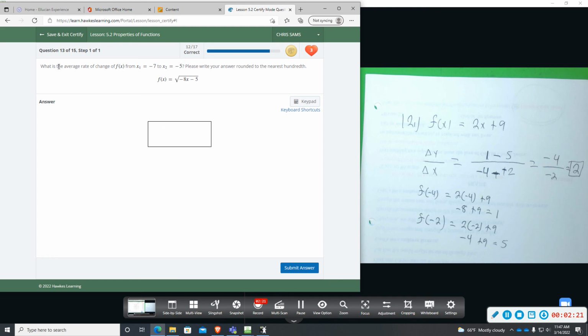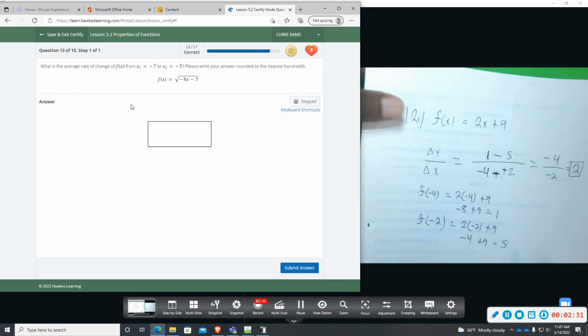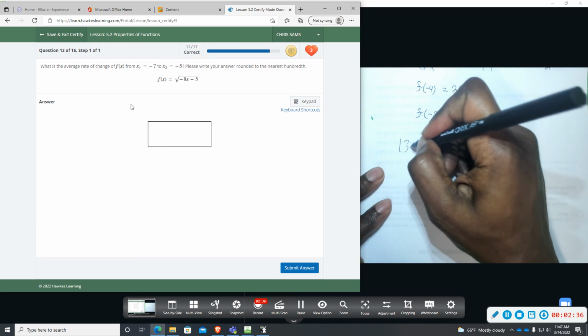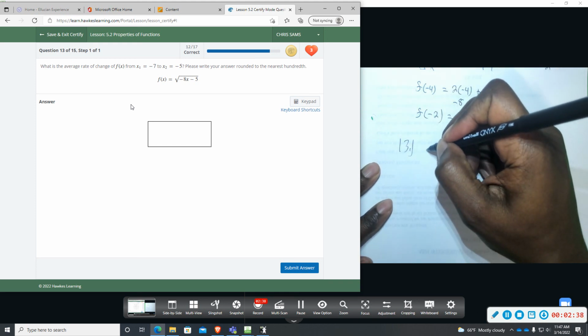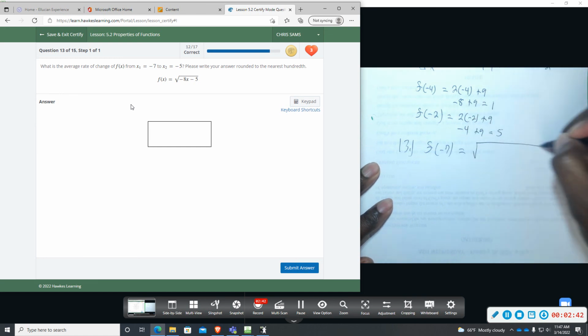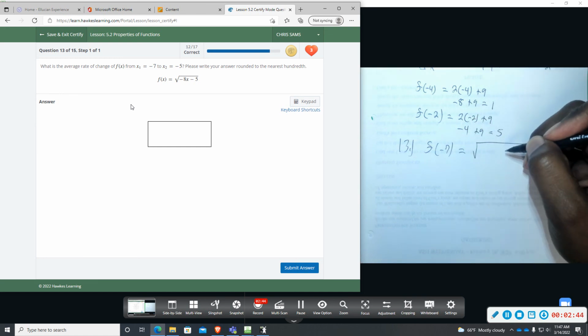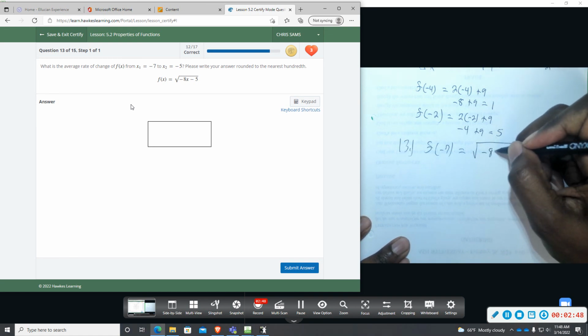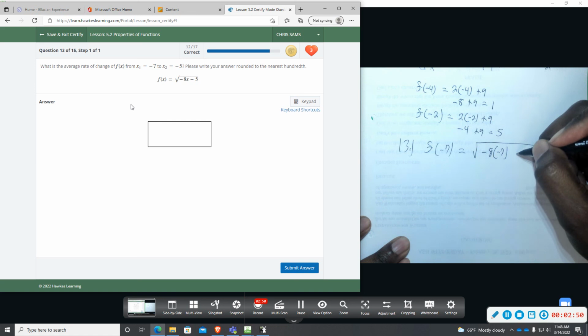And then here we want to find our average rate of change from -7 to -5. We have to do the same thing: plug it in and simplify it. Let me go ahead and find those values first. f of -7 is the square root of -8 times -7 minus 5.